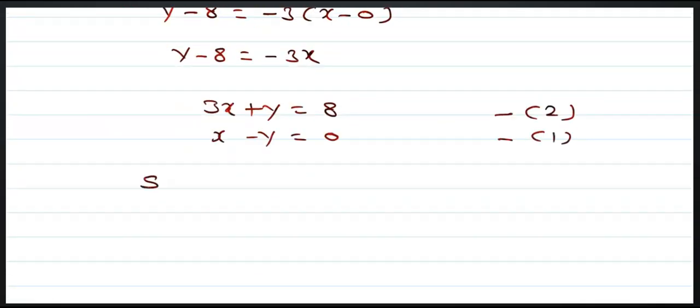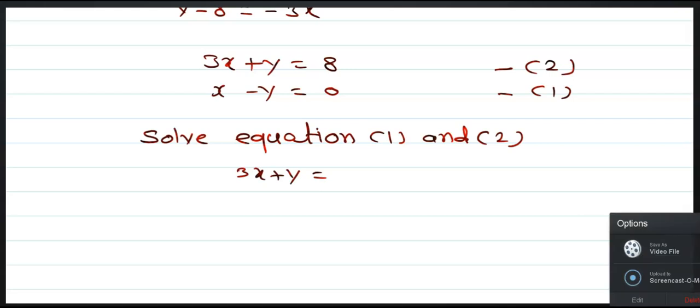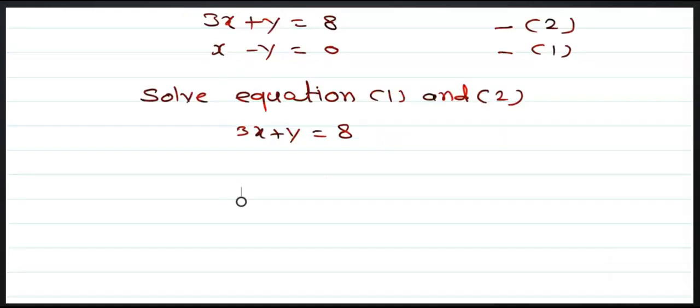Now solve these equations simultaneously. We add the equations, plus y and minus y get cancelled. 4x is equal to 8. Therefore, x is equal to 2.